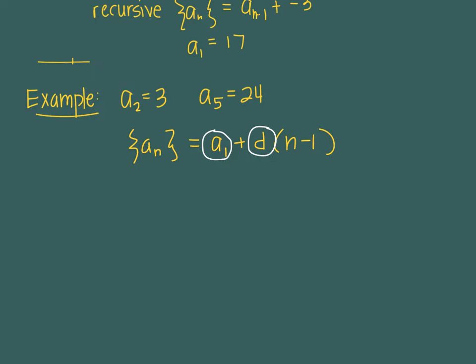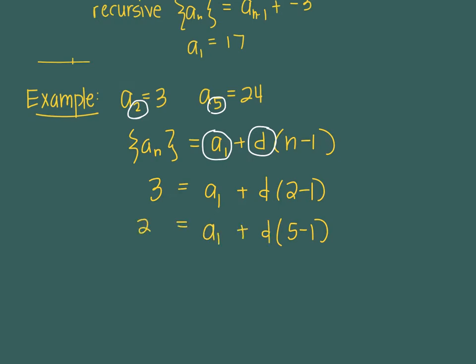I know something about the number 2. So if the number 2 is put in for n, even though I don't know d and I don't know a sub 1, I should end up with a value of 3. I also know something about the number 5. If I put in the number 5 for n, even though I don't know d and I don't know a sub 1, I should come out with the number 24.